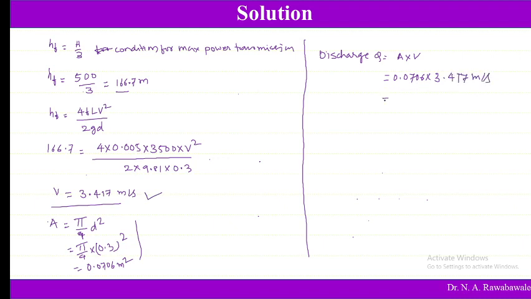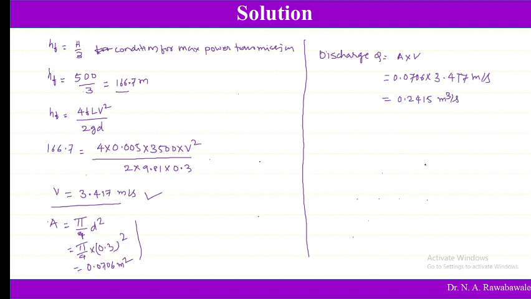So if we simplify this, we get Q is equal to 0.2415 meter cube per second. So this is the discharge we have obtained.